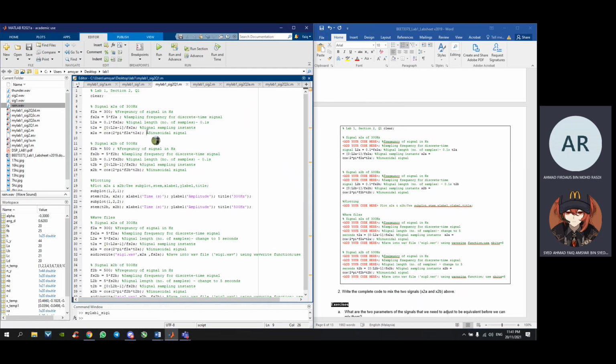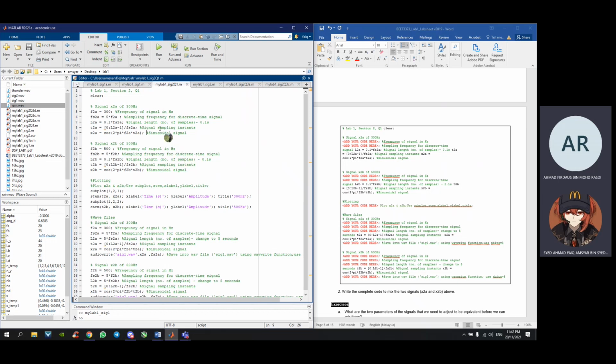As you can see on the MATLAB, this is our code. For the frequency of the signal in Hertz, I just put the command F2A for 300 Hertz, and the sampling is 5 times 300, same as X2B for 500 Hertz.